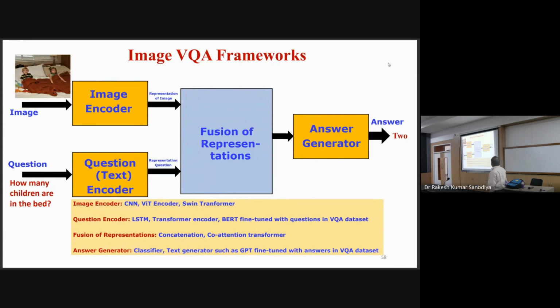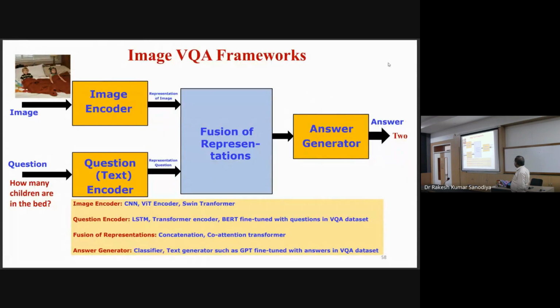And after the fusion of these representations, then I have a module called the answer generator module, right? If it's a multiple choice type question, right, then it will be a simple classification model. Of course, if it's an open-ended VQA, then this has a generator model. Okay. So typically, we do the answer generator using a classification model for a multiple choice type question.